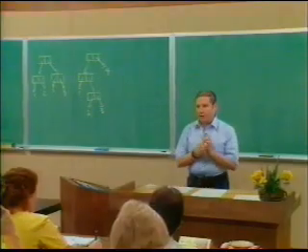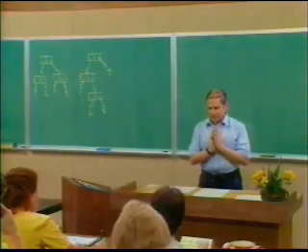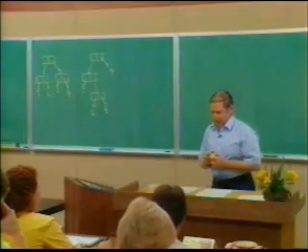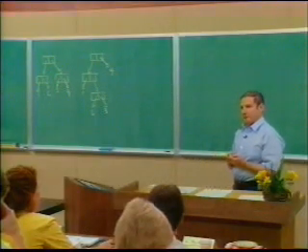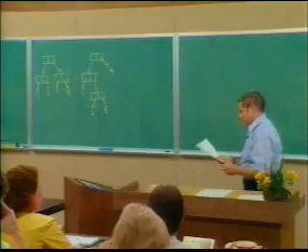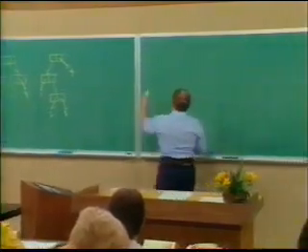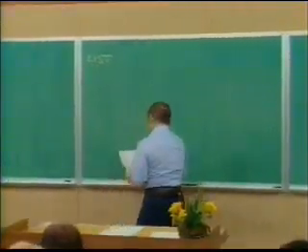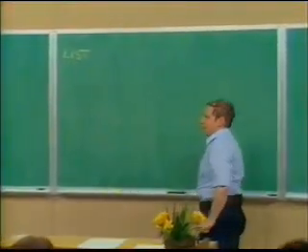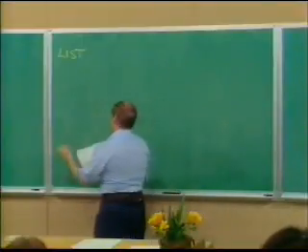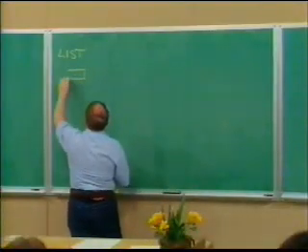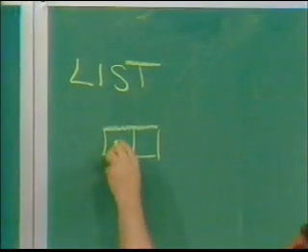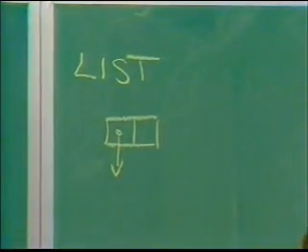And Lisp has a particular convention for representing a sequence of things as essentially a chain of pairs. And that's called a list. What a list is essentially just a convention for representing a sequence. I would represent the sequence 1, 2, 3, and 4 by a sequence of pairs.